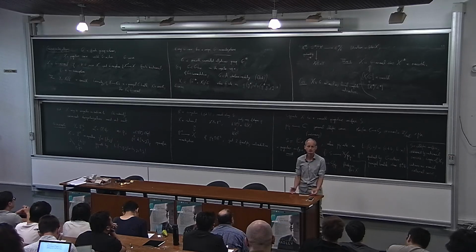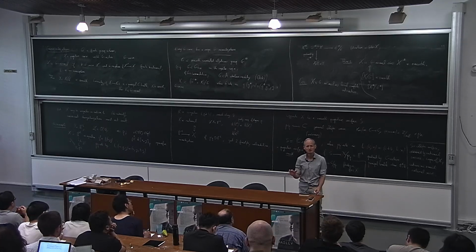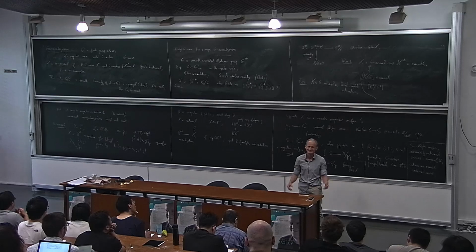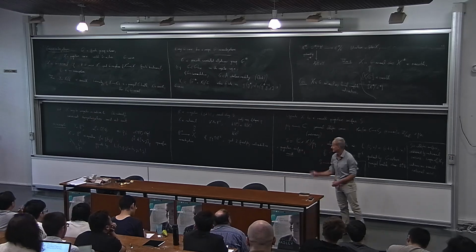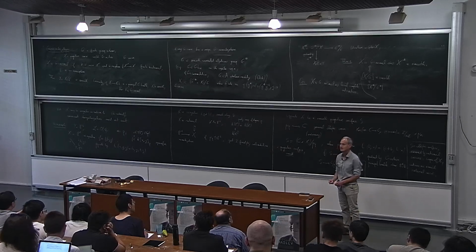For example, fixed points should be smooth. And if you have points with isotropic groups, then it's a bit messy. But this is what I had in mind. Other questions?